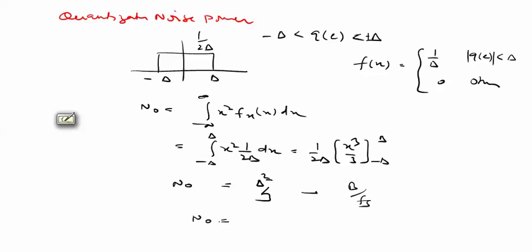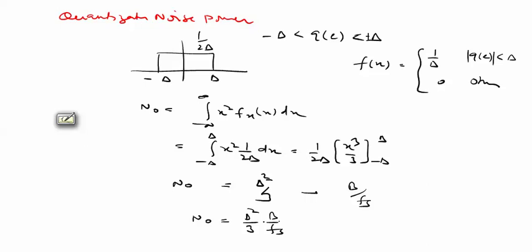So the noise power is modified by this factor, because the noise, del square by 3, is uniformly spread within the complete bandwidth. The effective bandwidth is b upon fs, because here fs is not the Nyquist frequency. So we multiply by this factor to get the actual noise power.